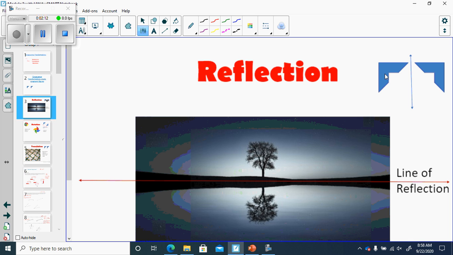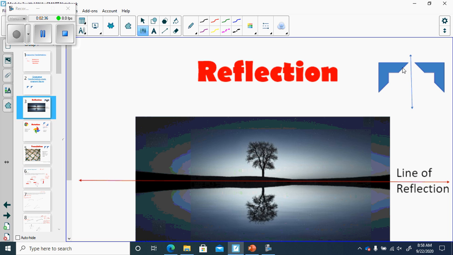A reflection is when you start with a figure and you flip it over. If you are on a computer program and you're making some sort of design, you might want to flip this over. This one's been flipped vertically, or horizontally. All right, it's been flipped over.